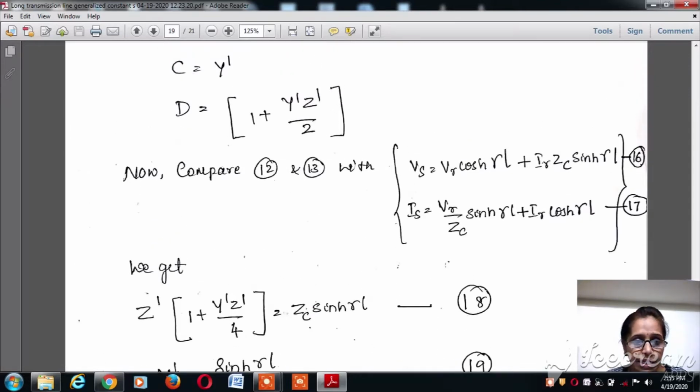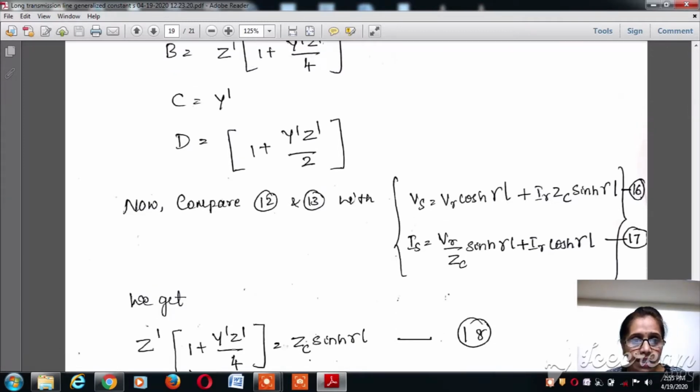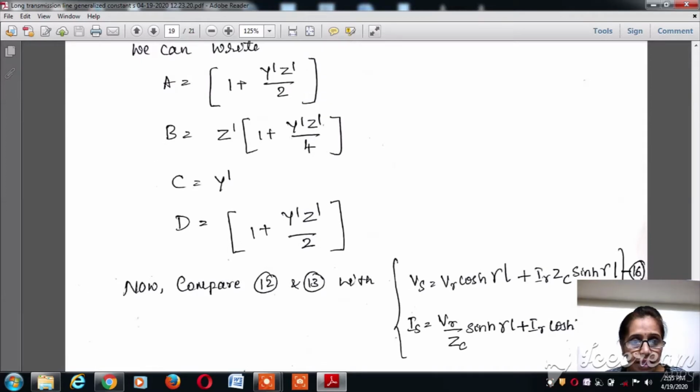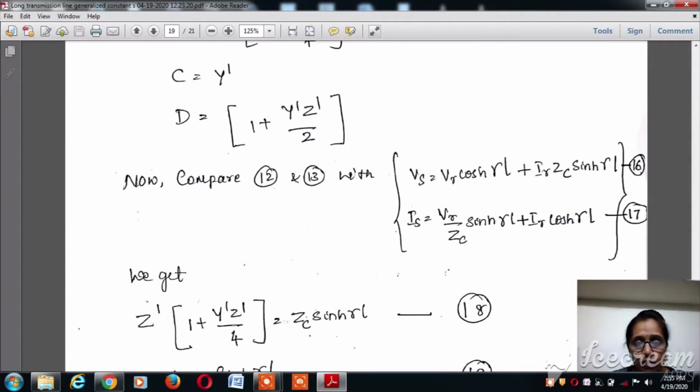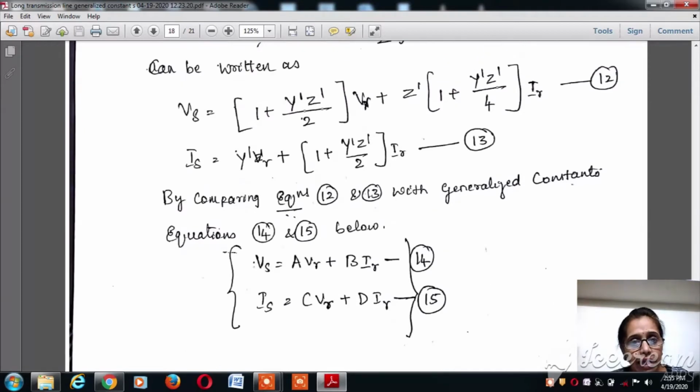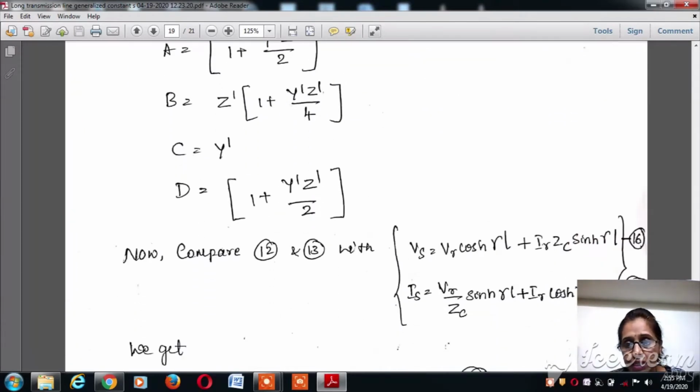Here we can easily see that A is Vr into cosh gamma L, and B is equal to Zc into sinh gamma L, because Vs is nothing but A into Vr plus B into Ir. So B into Ir.